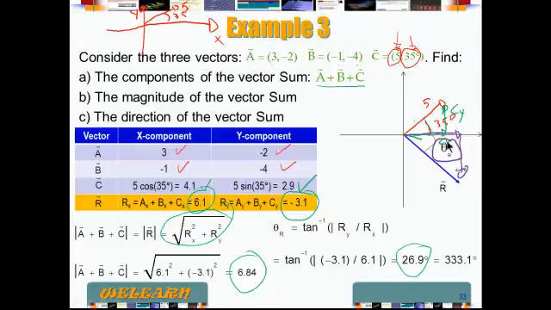So the angle I found is this. To find the angle relative to the positive x, I mean this angle, it's 360 minus 26.9. So that gives us this angle, 333.1 degrees.